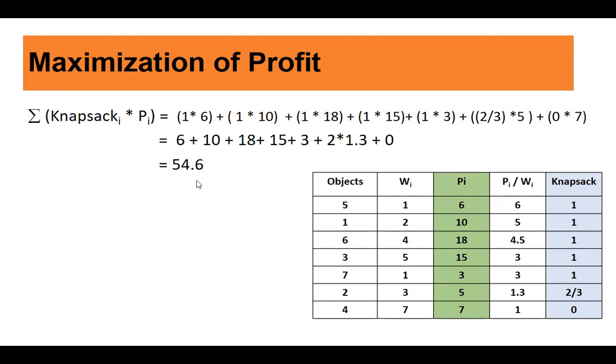That is, you can say 54.6 is the profit you could gain by adding 15 kg of objects into the sack. And this is a maximization problem. That is why I've said maximization of profit.